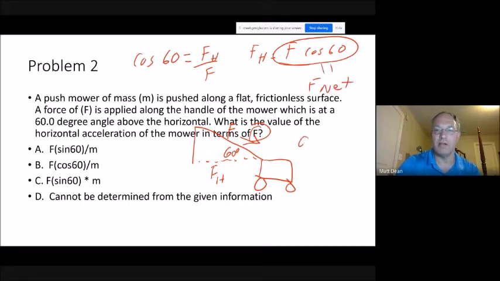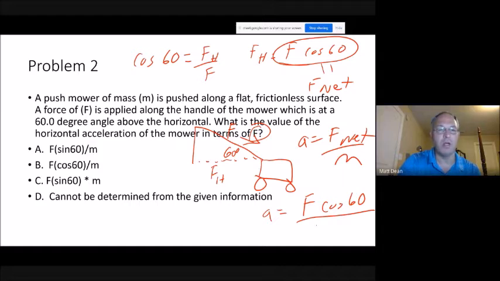And we know that acceleration equals F net over m. That's Newton's second law. So in this case, the acceleration would equal the F net, which is F cosine 60 over the mass, which we don't know. We just know it's M. So our answer is going to be B in this case.